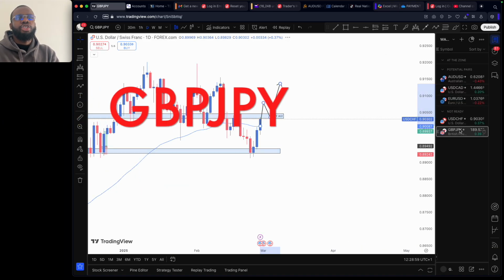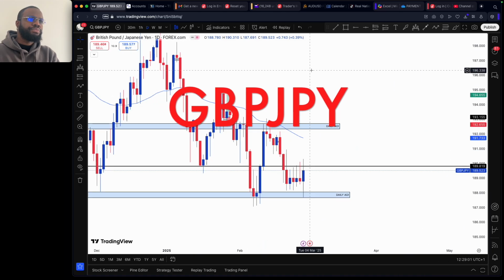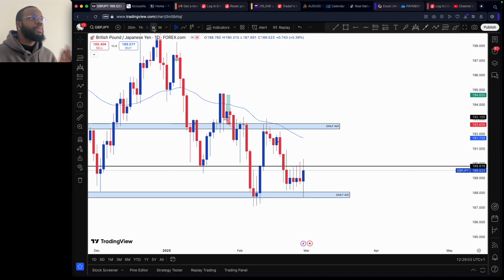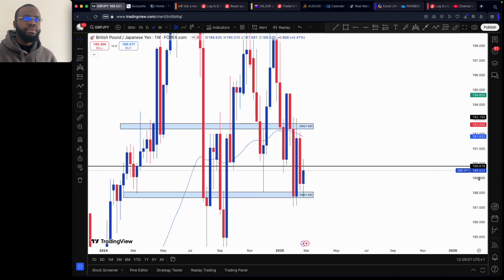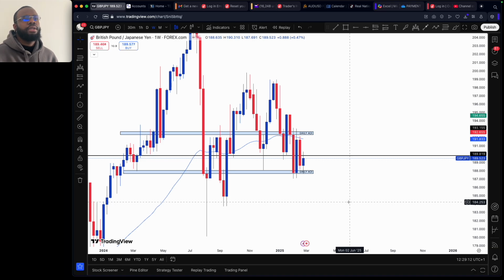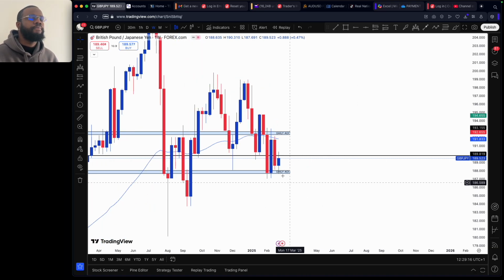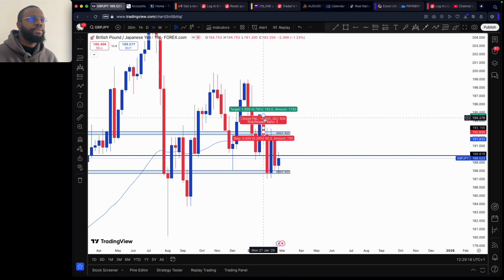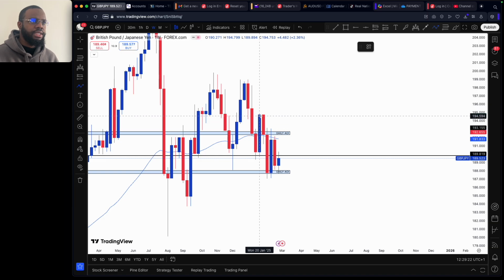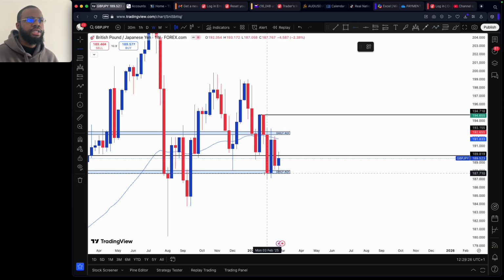Then we have GBP JPY. GBP JPY has been doing very well, but the last week of February decided to go on a range. On the weekly time frame we are bearish, because this was the last high, and this is the last low over here.